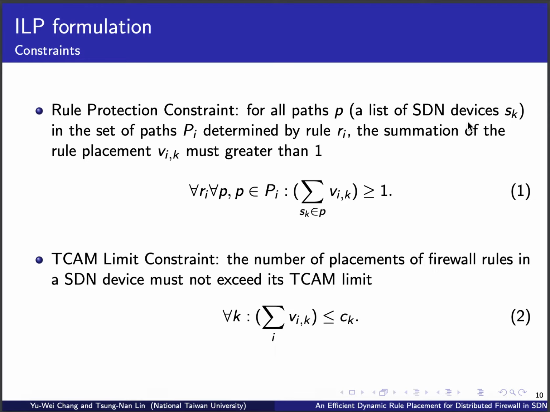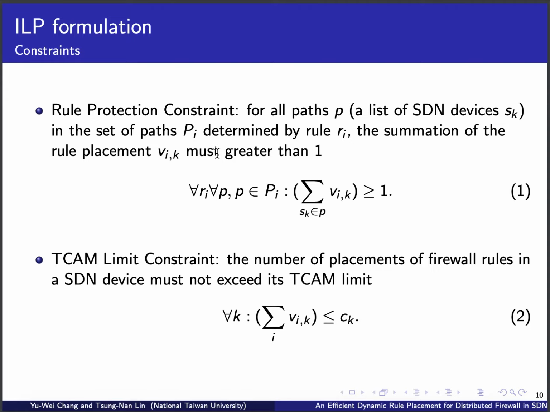Okay, so here come two constraints. The first constraint is the rule protection constraint. This constraint defines that for all paths, and this path is defined in the previous slides, it is a list of SDN devices, and it's a set of paths determined by a firewall rule, the summation of rule placement must be greater than or equal to 1.